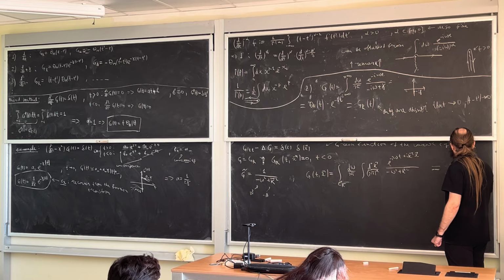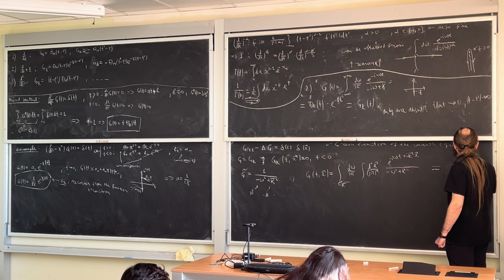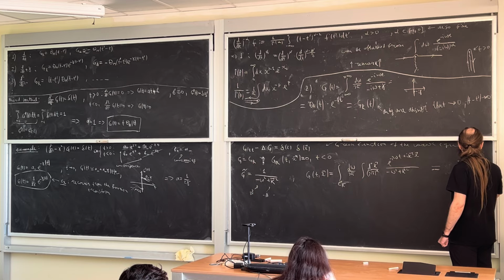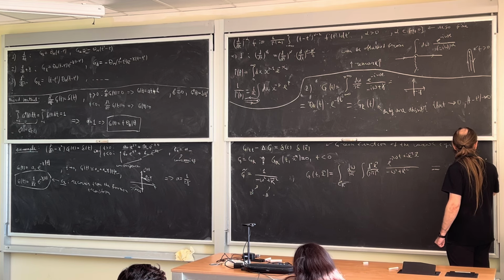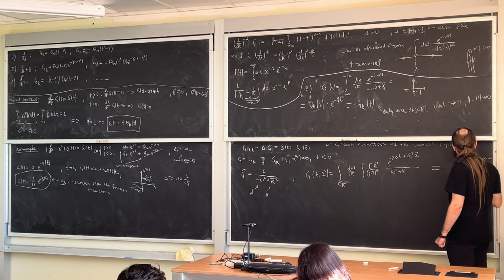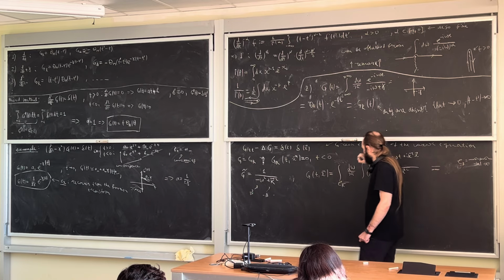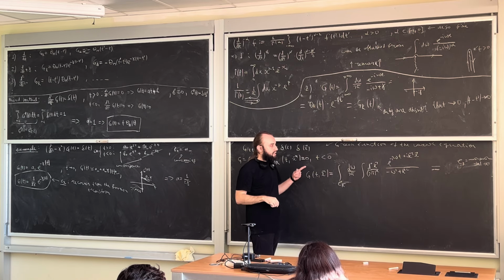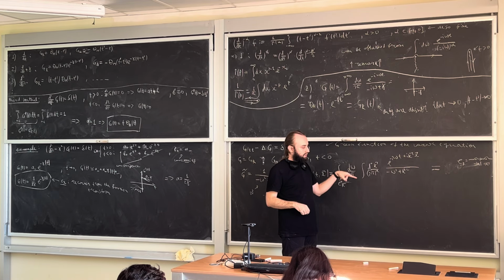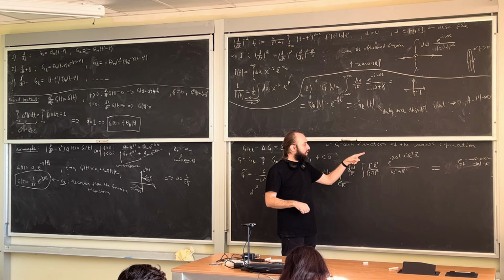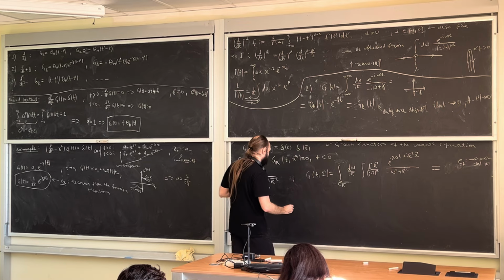And this contour looks like this: minus absolute value of k, plus absolute value of k. And again, if time is negative, we can close on this contour above, and it is 0.